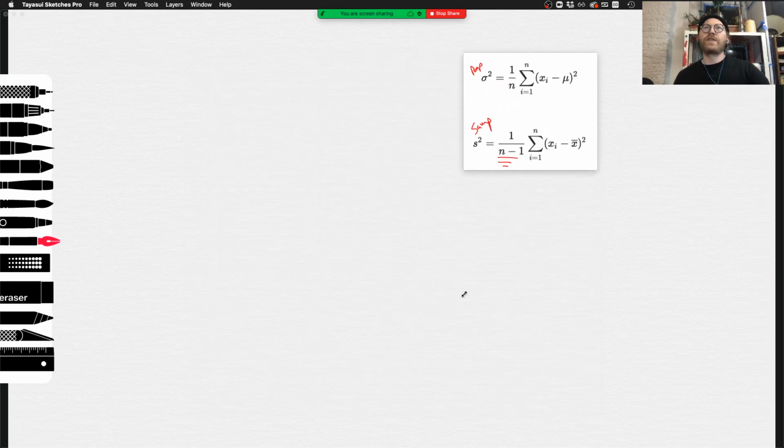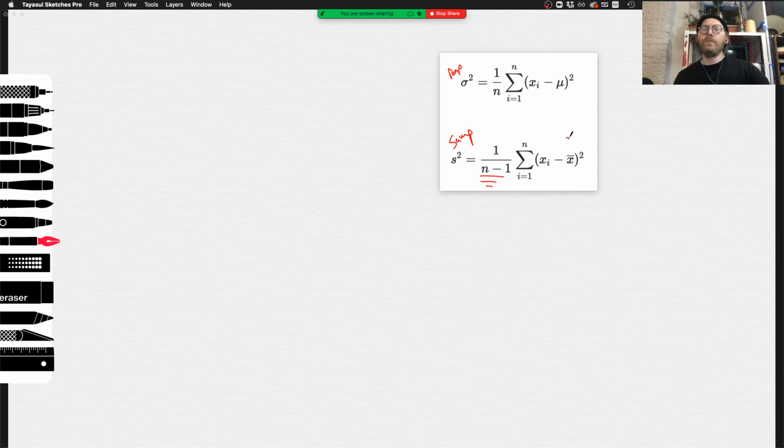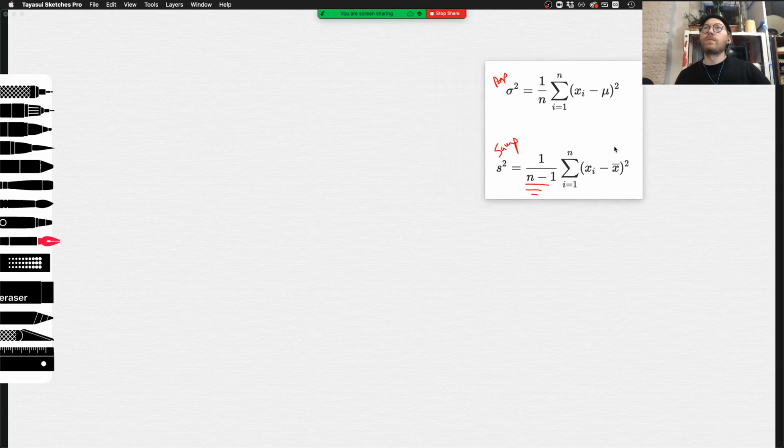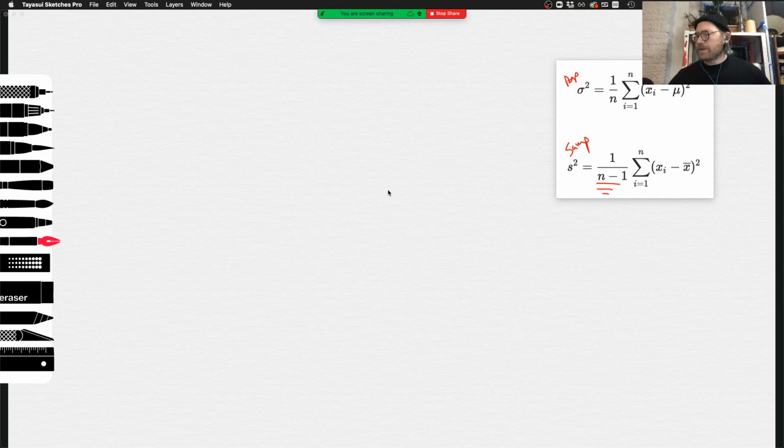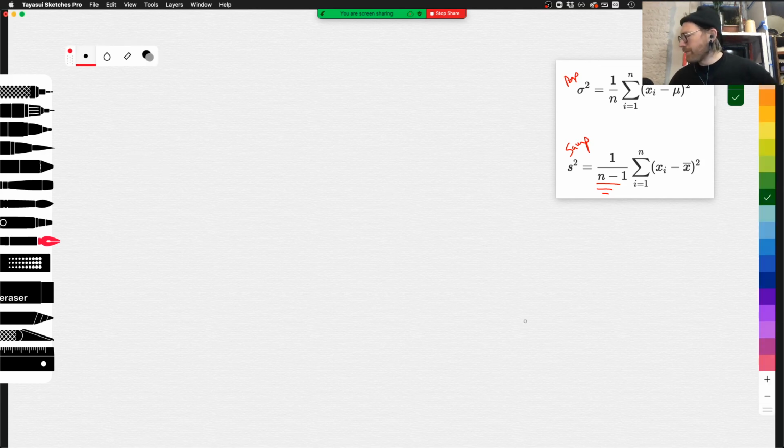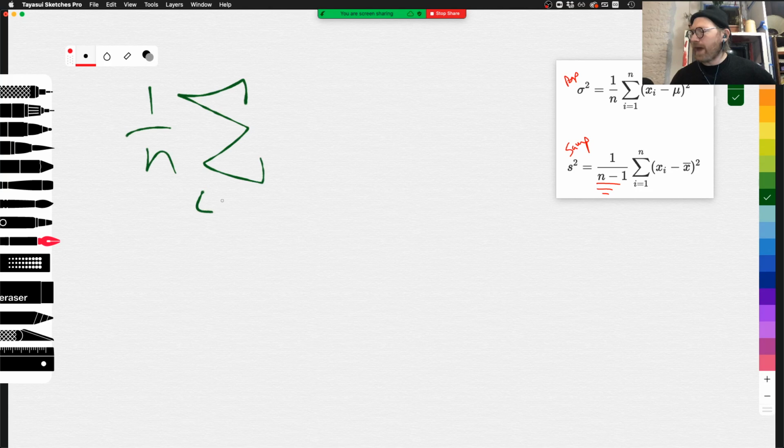Okay, so I'll just shrink these down. All right, so I'm just going to start with the population formula for this. And it is 1 over n. It's the sum of all values from the first value up until the nth value of each data point x sub i.